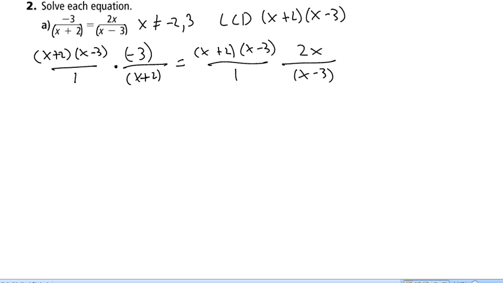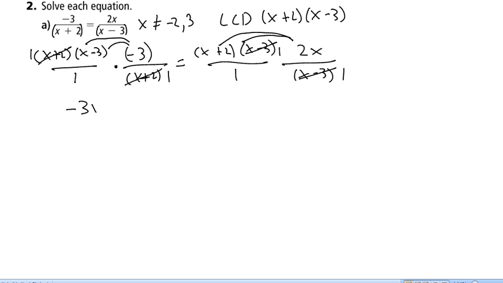Okay, so notice, because x can't be negative 2, x plus 2 over x plus 2 will be 1 over 1. And x minus 3 over x minus 3 will be 1 over 1 because x can't equal 3. And now we have to multiply this negative 3 through there and this 2x through that set of brackets.